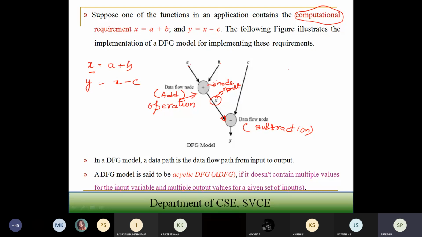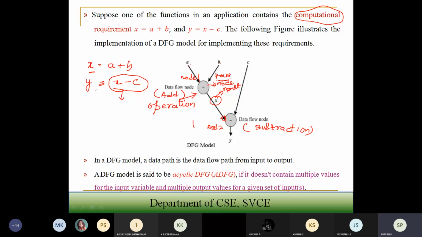Now the second computation has to be done: y is equal to x minus c. In this second computation, one of the inputs is x, which is the output of your first node. If you take this as node 1 and node 2, the process happening in node 1 is addition.